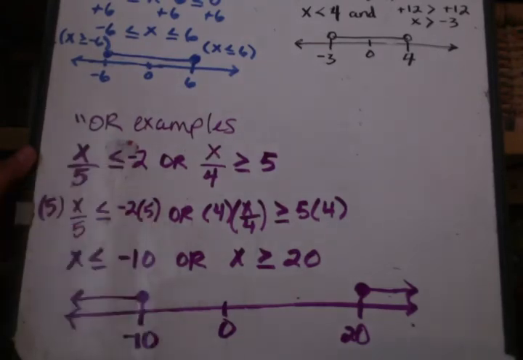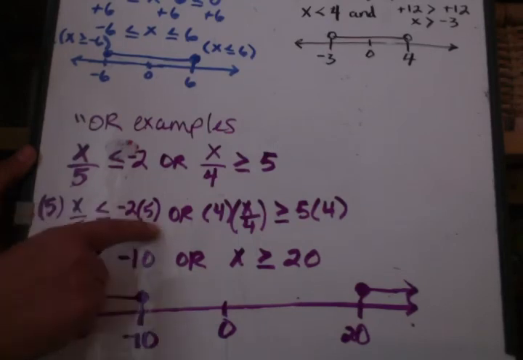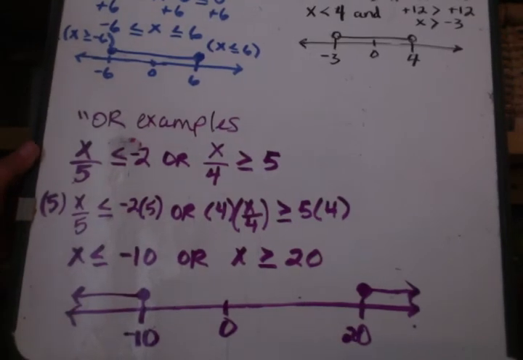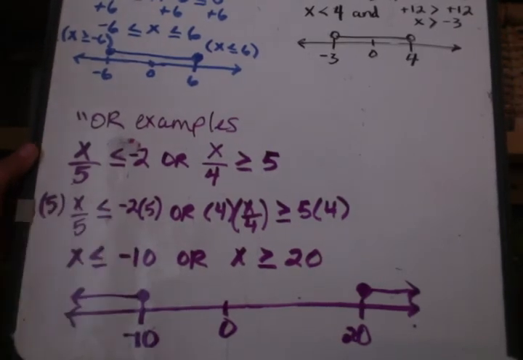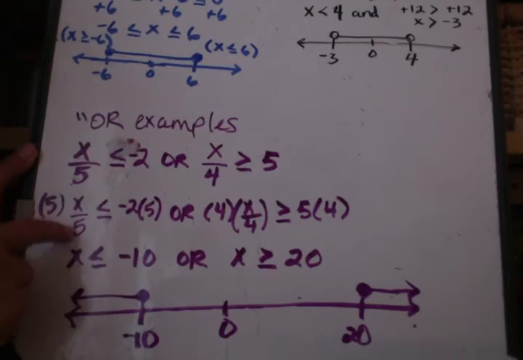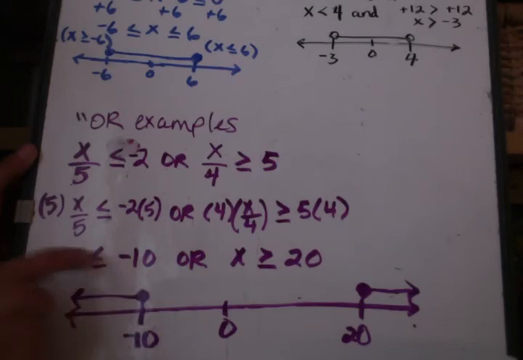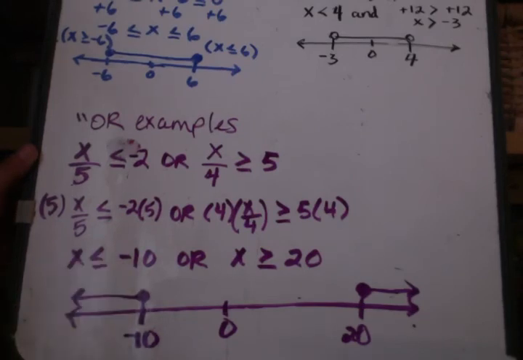Because I'm multiplying this side by 5, I'll multiply this side by 5. And we're multiplying by a positive number, so we're not flipping the inequality. So now 5 over 5 is 1, 1 times x is x, less than or equal to negative 2 times 5. Negative times a positive is negative, so negative 10. X is less than or equal to negative 10.